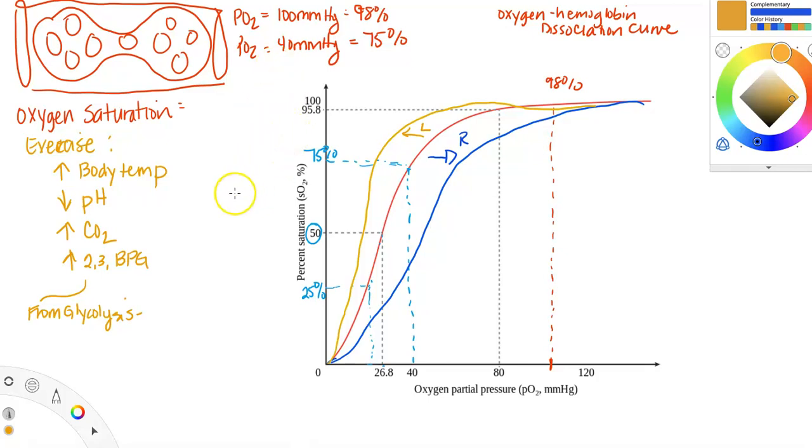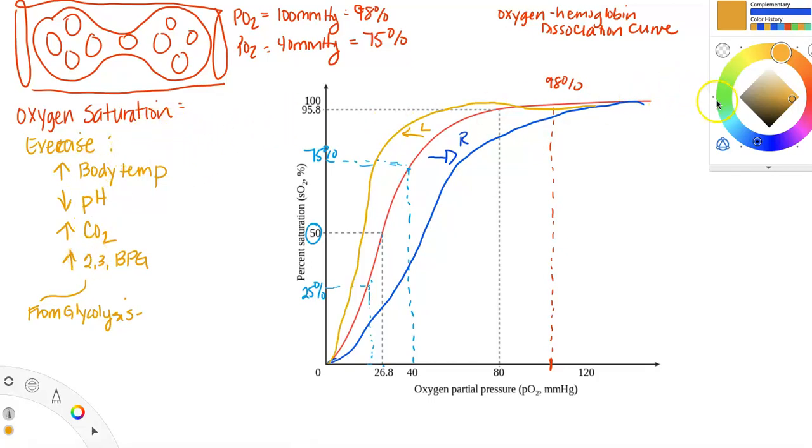They only use glycolysis. So this is a product from glycolysis, and when glycolysis is being used and this increases, that also causes the curve to adjust to the right. So those 4 things do that.